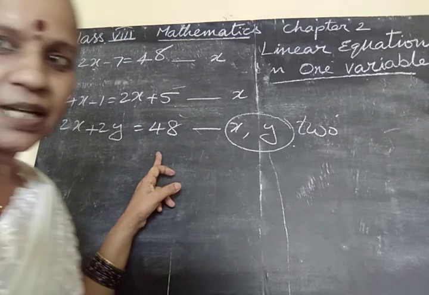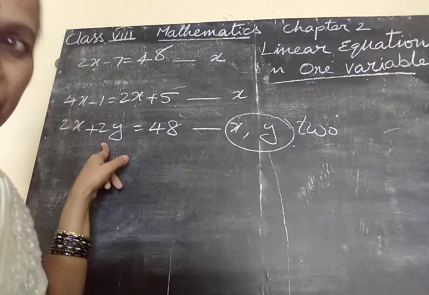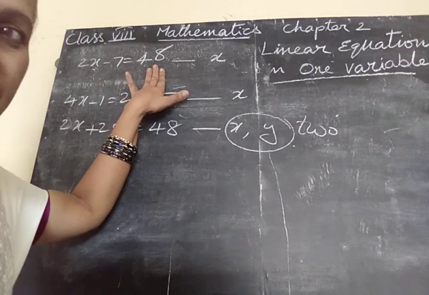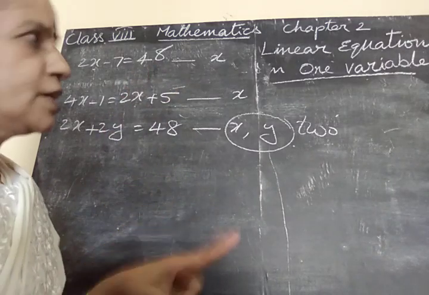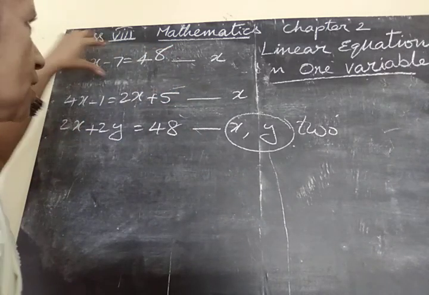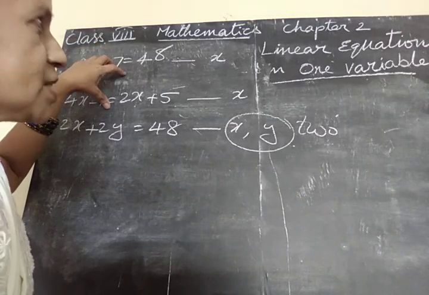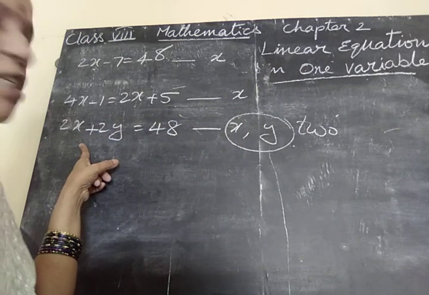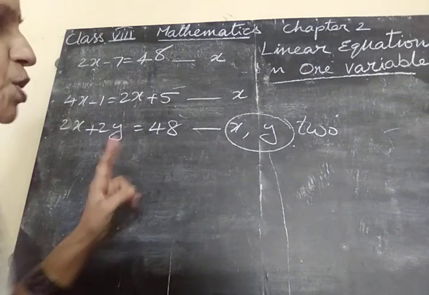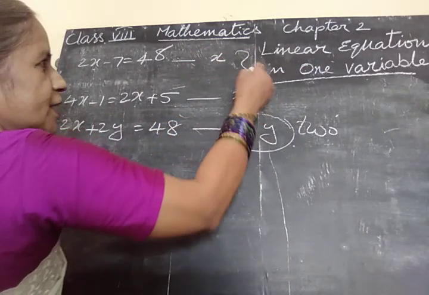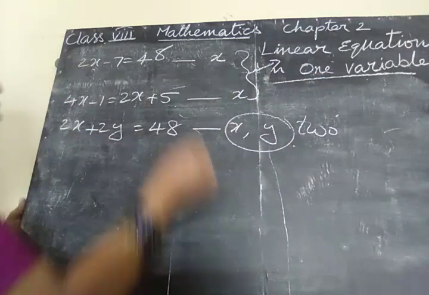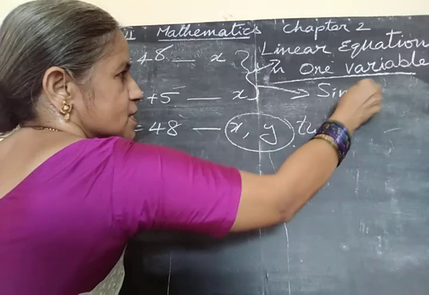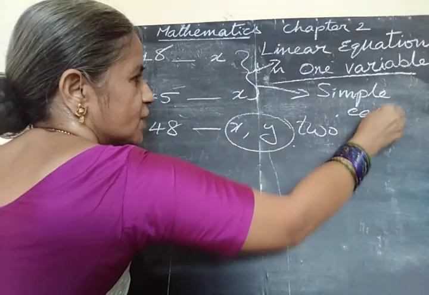Here two variables are there, na? So this is also a linear equation only. This is also linear. This is also linear. But here two variables are there. So these types of equations are called linear equations in one variable, and this is called a linear equation in two variables.